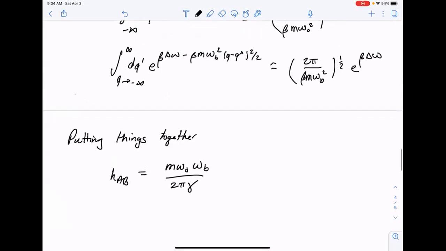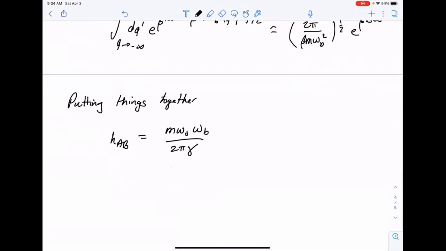The factors of kBT cancel. And then I have e to the minus beta delta omega, implying, if you compare that to the result we got previously from our locally parabolic assumption, here kappa is m omega b divided by gamma.